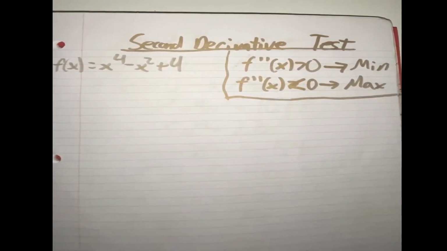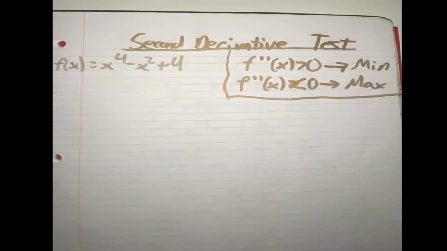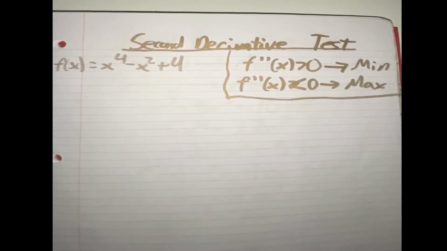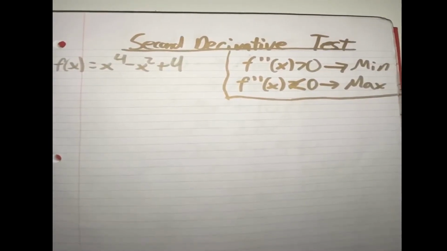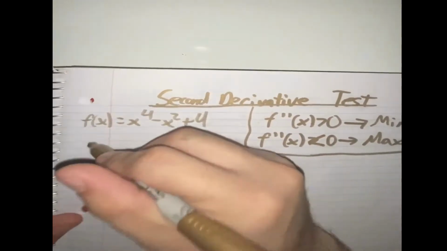So for example, if an optimization problem asks you, what's the minimum area that this yard can be, then using the second derivative test, you should get a min. If you get a max, then that means that you either messed up on the second derivative test or in your optimization.